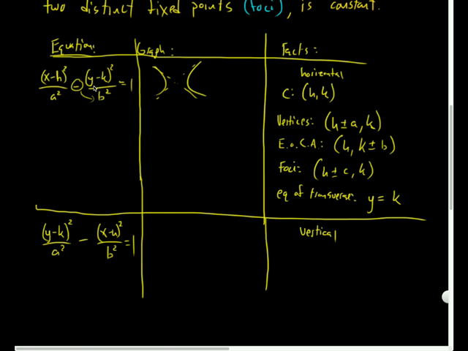So even if the absolute value of b is bigger than the absolute value of a, if it's negative, we'd think of it as a smaller number. The minus sign would apply to whichever is the smaller denominator. And the smaller denominator would be under my x term, so this would be vertical, because the larger of the two, the positive one, will be under the y.